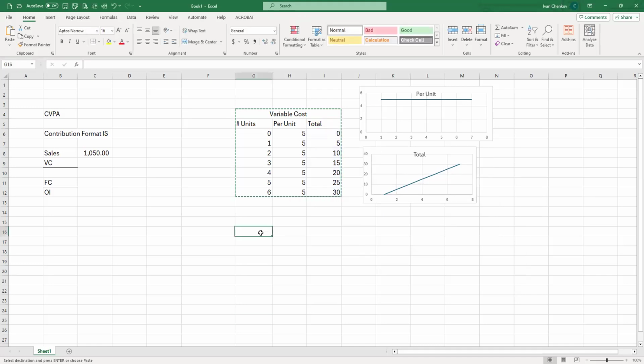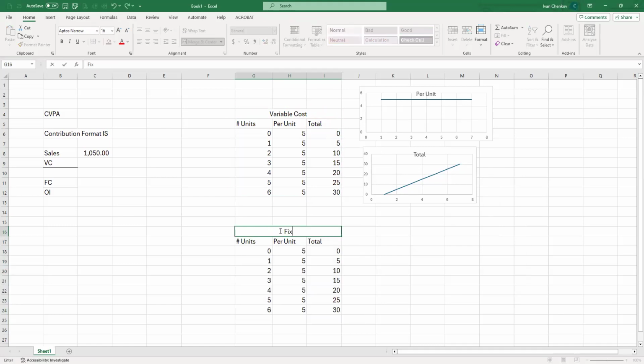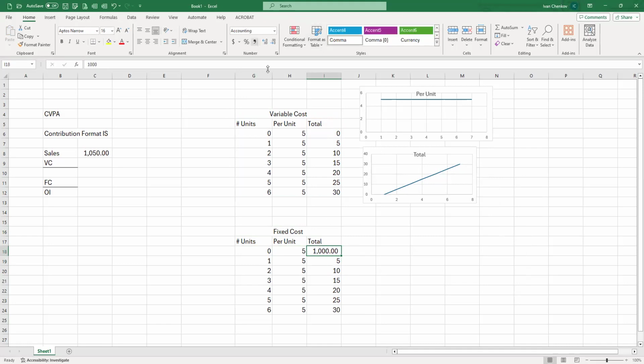So the fixed cost is a different story. Why is it a different story? Because total fixed cost is always the same. Let's go with $1,000 here, just to be more interesting. So the total fixed cost is always going to stay the same.